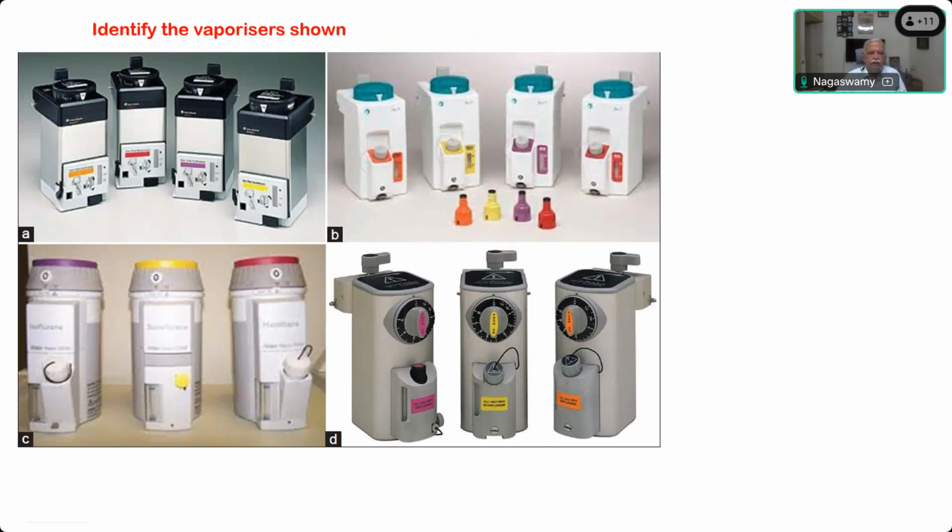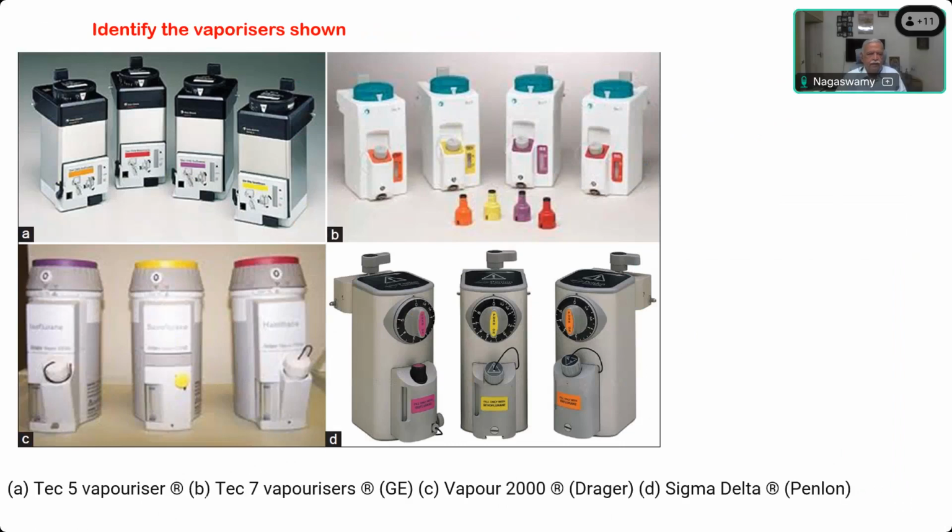Any idea? I think this is the most common type most hospitals will be using. Am I right? Yes, sir. Drager. So the answer is this is a Tec 5, a modern vaporizer.